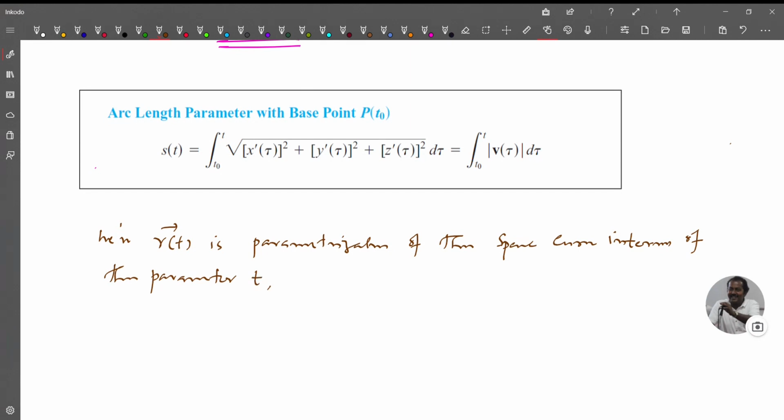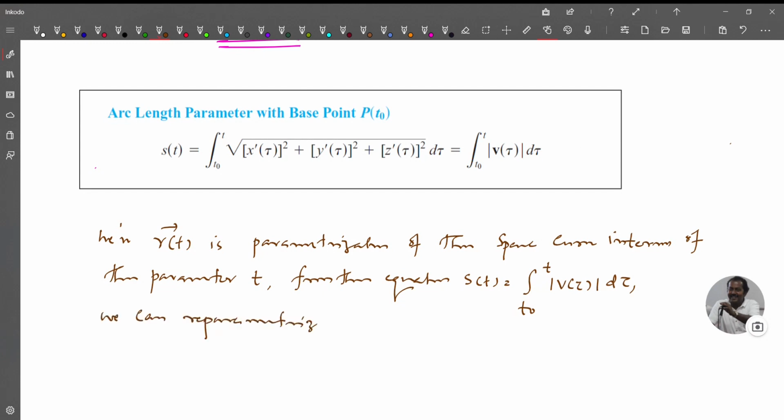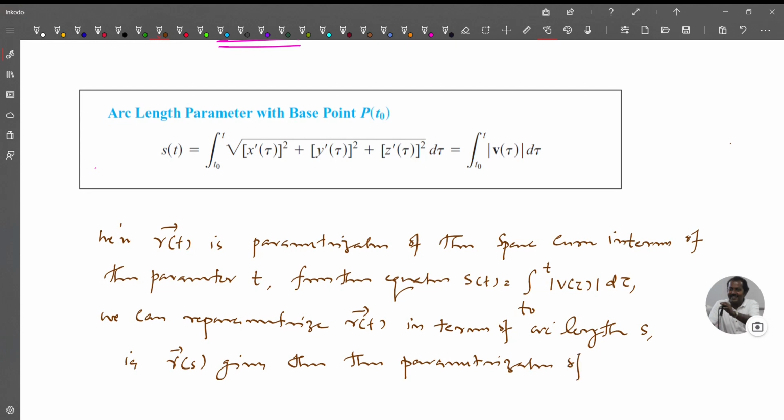From the equation s of t is equal to integral t naught to t modulus of v of tau d tau, we can reparameterize r of t in terms of arc length s. That is, r of s gives the parameterization of the path of the space curve in terms of arc length.